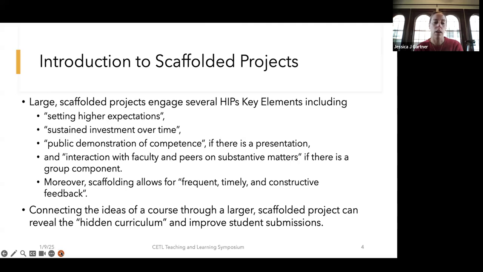And then another thing here, the last bullet, is just connecting all of your course ideas from your syllabus or just your overall learning objectives into a scaffolded project and then sort of reveal this hidden curriculum, or these things that aren't necessarily listed in your syllabus or aren't necessarily listed in your learning objectives, but are things that students need to be able to do to be successful in your class. So that's really cool about scaffolded projects as well.